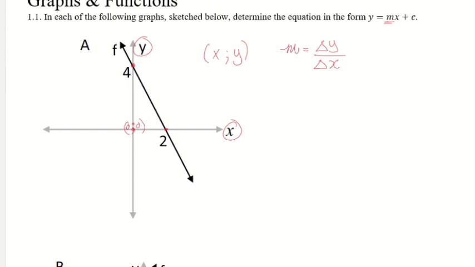So when we write down the coordinates, I want you to help me write down the coordinates of this in terms of x and y. Let's go with the 2 first. What is the x value there on the x-axis? The x value is 2. Who can tell me what is the y value of the 2?